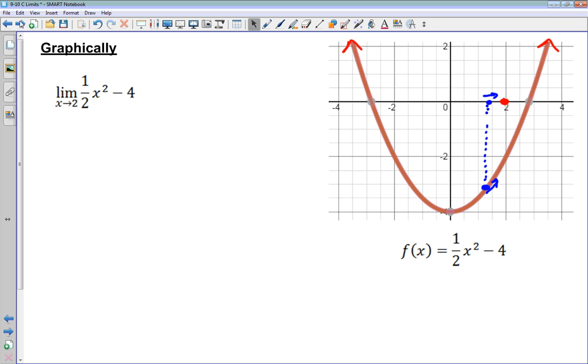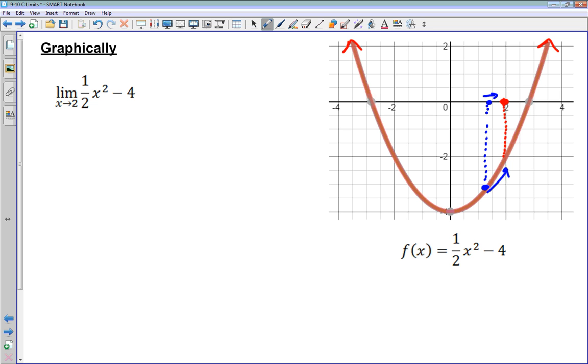towards this point here, where the graph of our function meets that line coming down from x equals 2. So as we move along this curve, what value of y, or what value of f(x), do we seem to be heading towards?